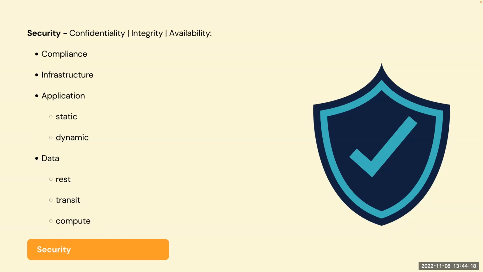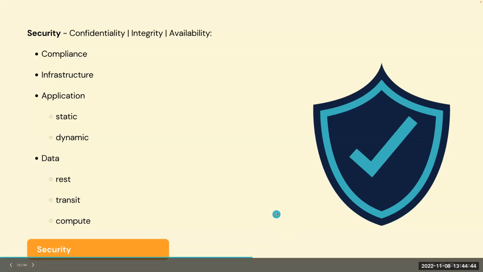Or rest: have you enabled any default encryption? For example, if you have an S3 bucket in AWS, have you enabled default encryption for your bucket? Or transit, when you are moving data around, how secure is that? Usually, are you using HTTPS or TLS and so forth? This is the data security.